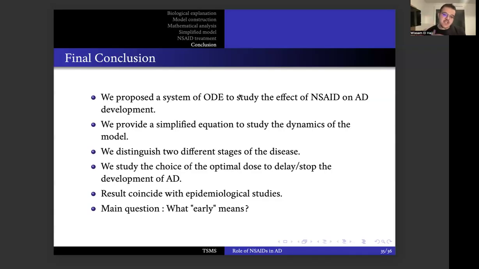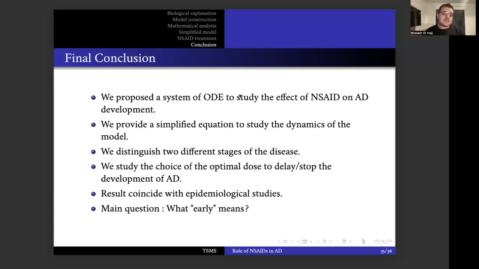We have shown that at the beginning of the disease, a treatment can stop the development. At an advanced stage, it can delay. The treatment is more efficient at the beginning of the disease, at an early stage, rather than at an advanced inflammatory state. And the results coincide with several epidemiological studies. As I have told you at the beginning, epidemiological studies state that at an early stage of the disease, the NSAID are beneficial, and in this model, I was able to show this.